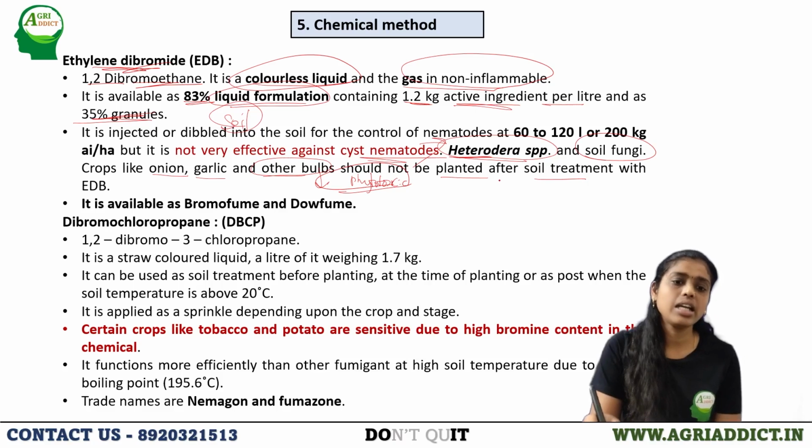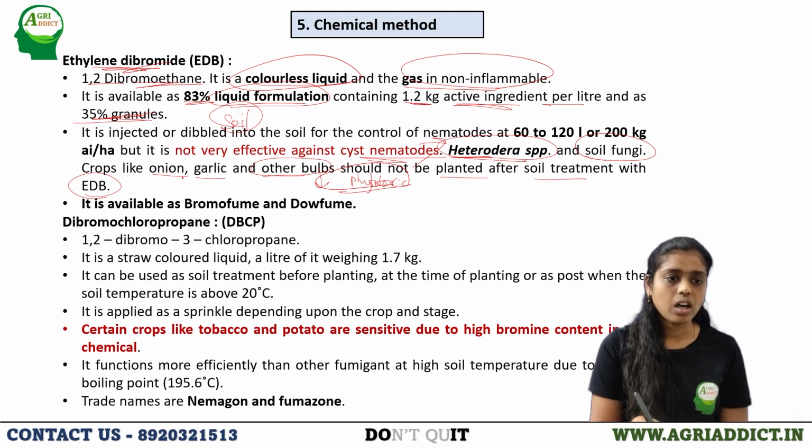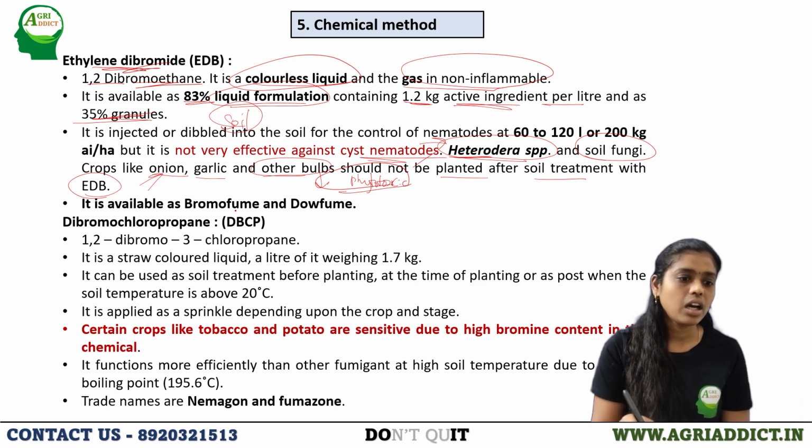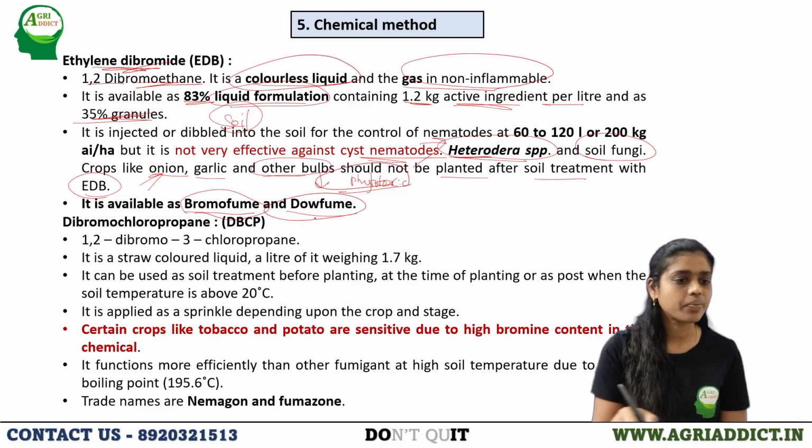Hence, after soil treatment with ethylene dibromide, these crops cannot be grown. Its trade names are Bromofume or Dowfume. This may be asked in the exam, like the trade name of ethylene dibromide or of any other chemicals.